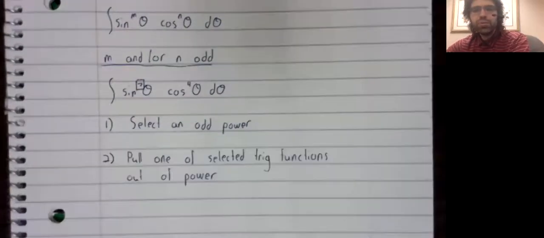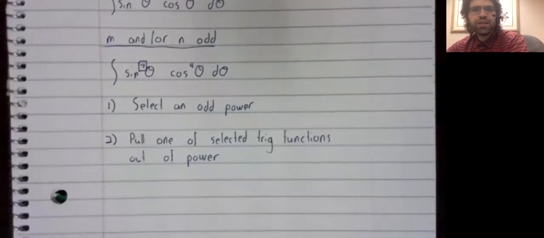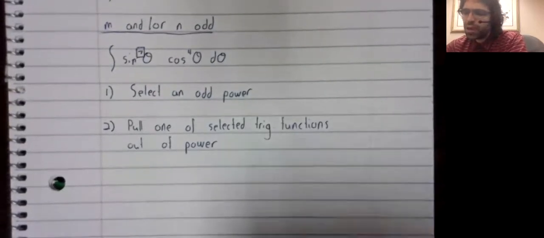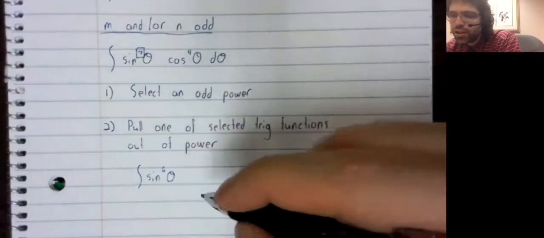Step 2. Pull one of the selected trig functions out of the power. I'm not sure how clear that is, but I hope that when you see it done, it will be clear.